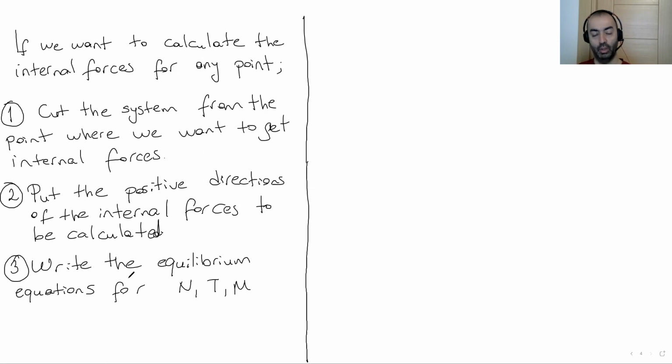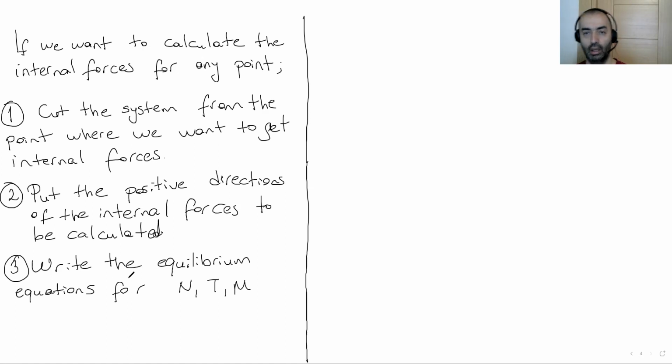If we can solve the support reactions and internal forces with our three equilibrium equations, that system is an isostatic system. So we can make easy calculations. If we can't do this, the system is hyperstatic.